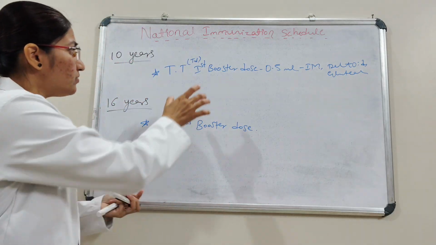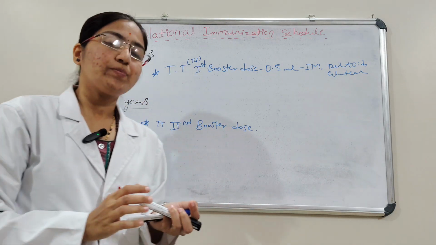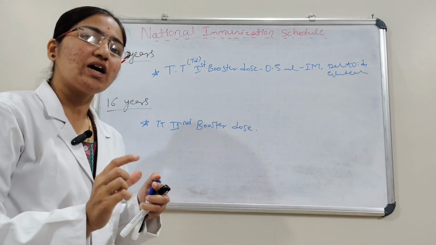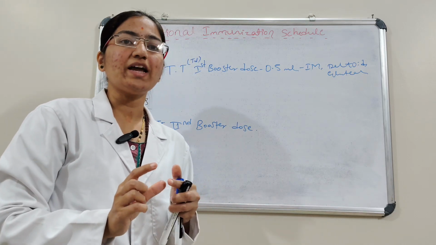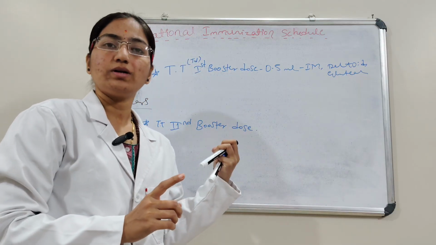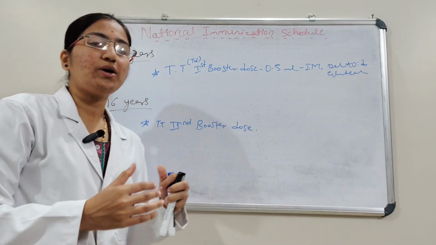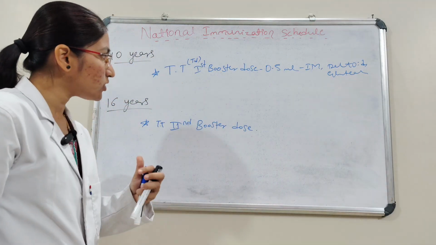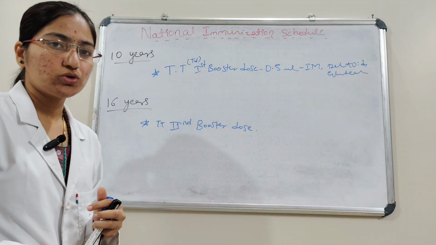And then for pregnancy: when the pregnancy diagnosis is confirmed, the mother takes the first dose of TT, and after 28 days the second dose of TT, and then the first booster, and then the second booster dose.